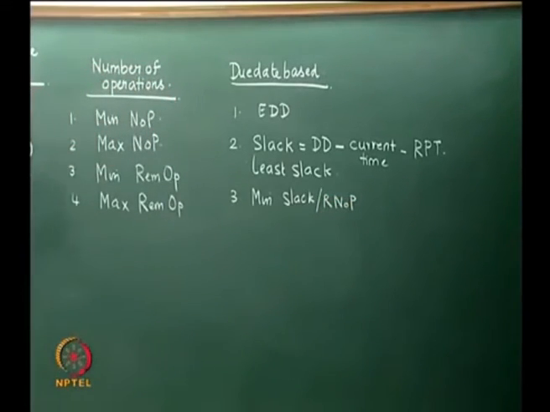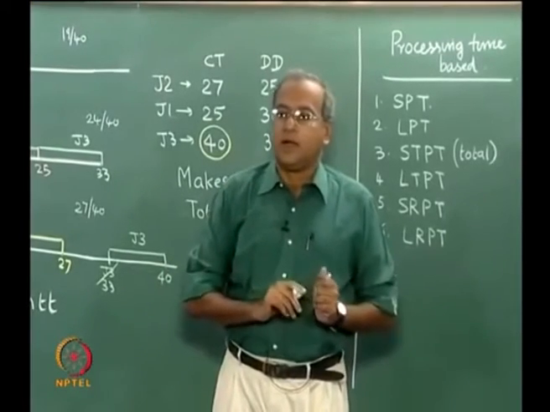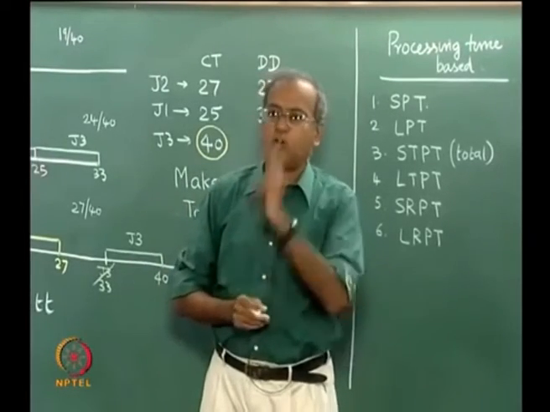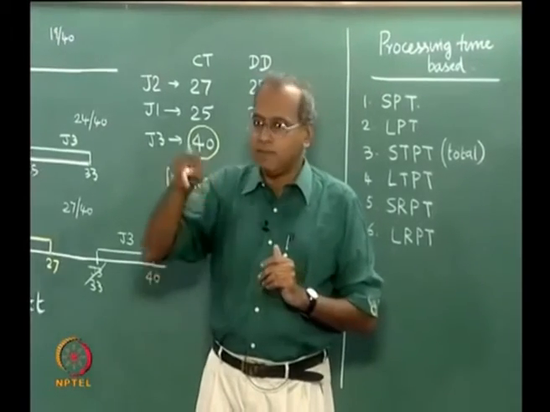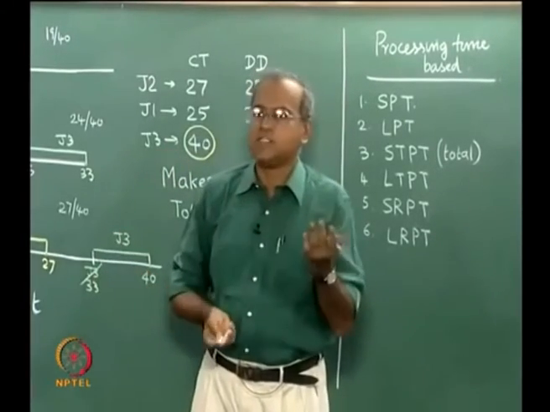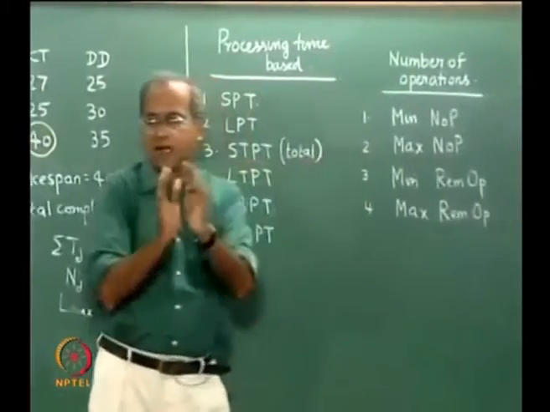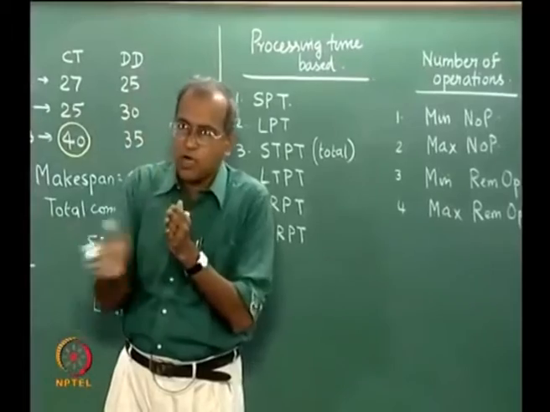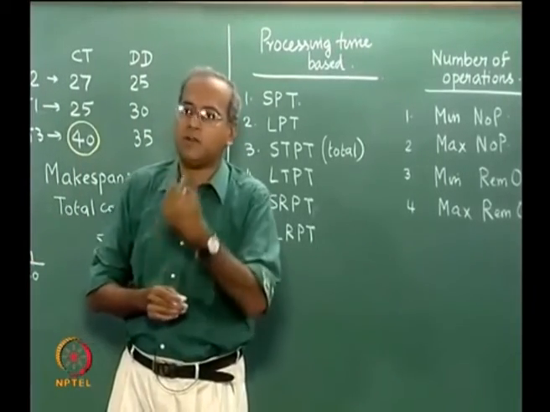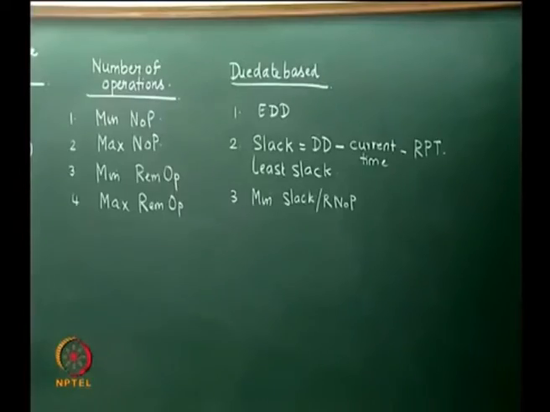I have a slack of 5, I may have only 1 more operation to go. I may have another situation where I have a slack of 8, but I have 2 more operations to go. So, 8 by 4 will be 2 or 8 by 2 will be 4 versus 5. So, the other one can be taken. So, we compute the slack and then we see how many more operations are to go. So, divide the slack by the remaining number of operations and then choose the minimum of slack by remaining number of operations.